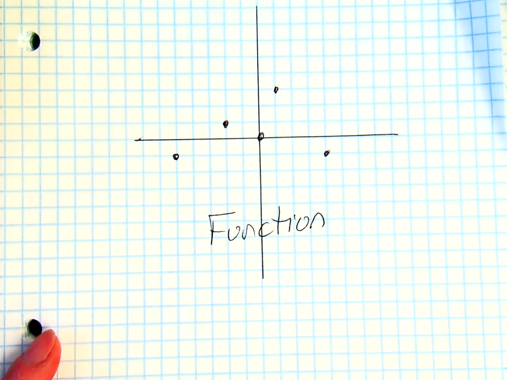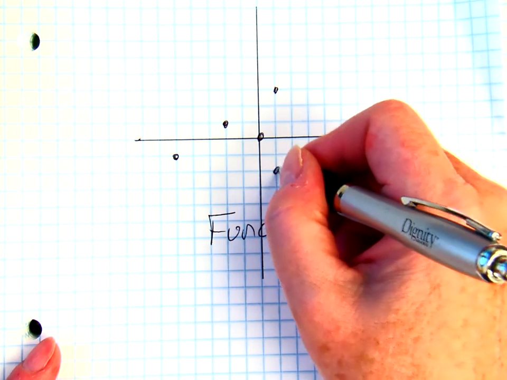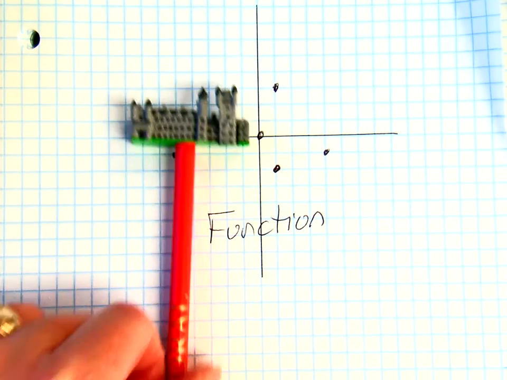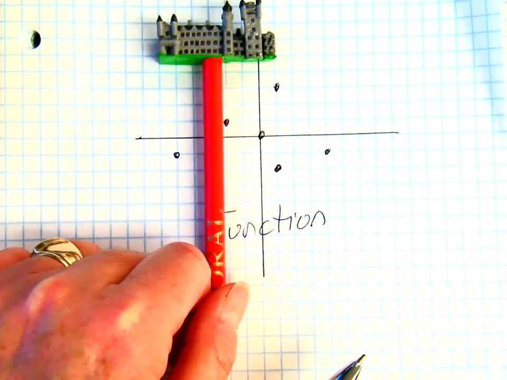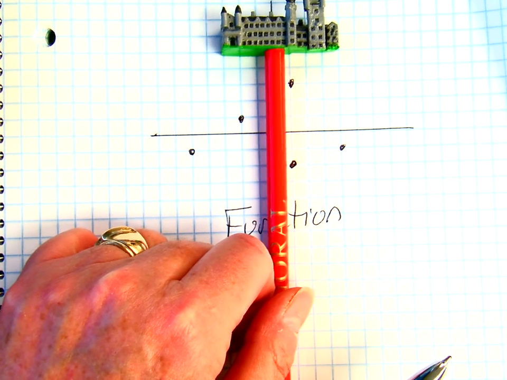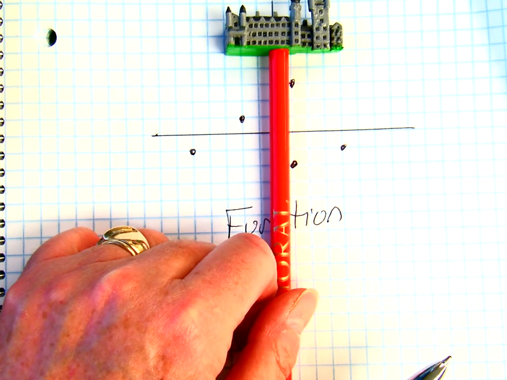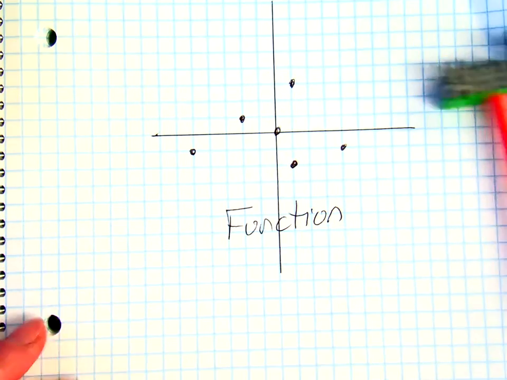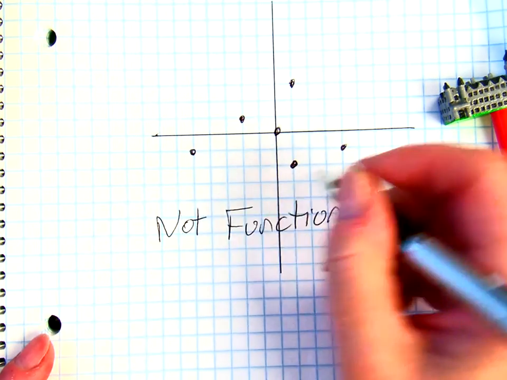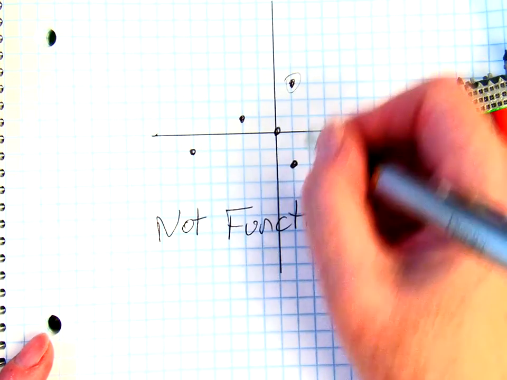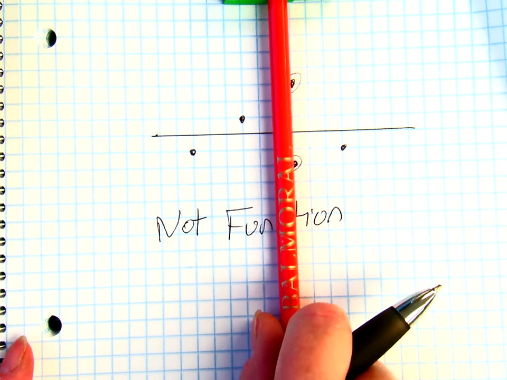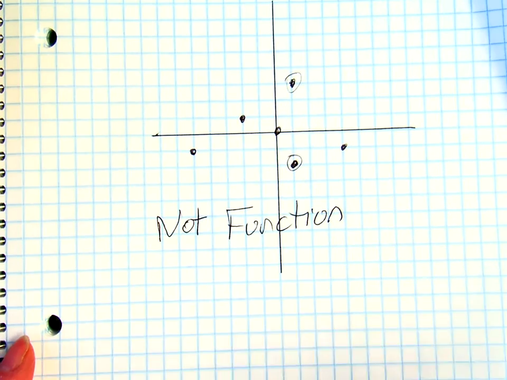Now, what would happen if all of a sudden this point showed up on the same graph? As my castle would come across, when it would get here, notice it would now hit 2 points at the same time. This, therefore, now becomes not a function, because of those 2 points being in the same line.